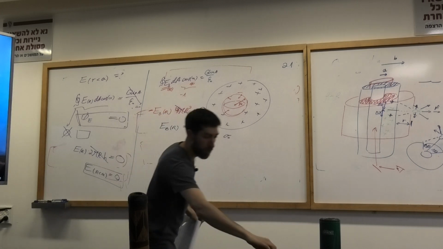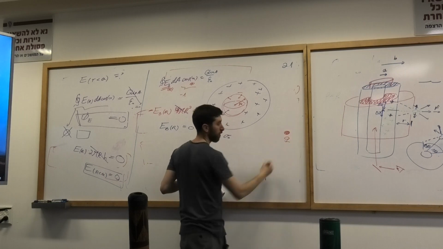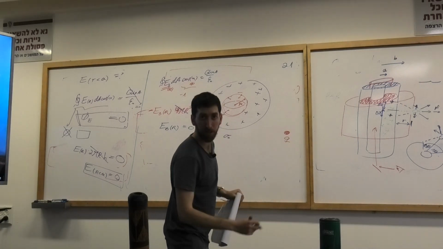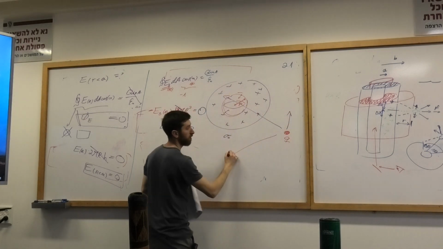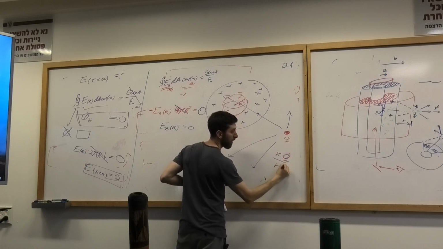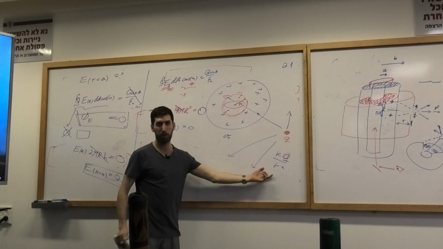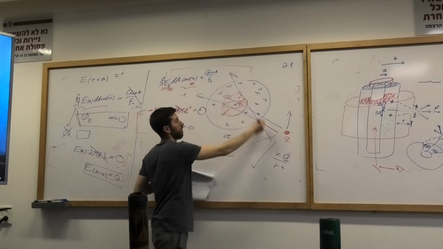But if I put here a point charge Q, what is the electric field of this thing? It's going to produce an electric field all over the place, kQ divided by r squared. You see it? So right now, you cannot use Gauss's law for the symmetry.